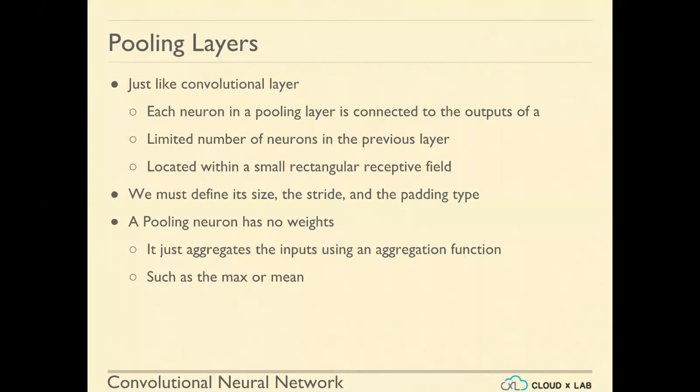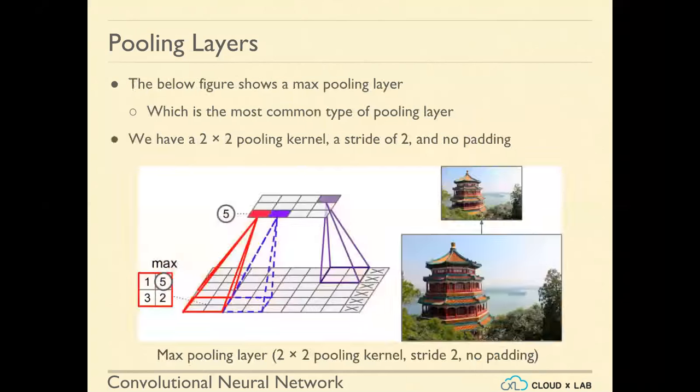Pooling layers don't have any kind of weights. When we are aggregating the receptive fields, we are not applying any weights. It's just a static function that does not learn. It could be max, mean, or some other form. So that's called a pooling layer.